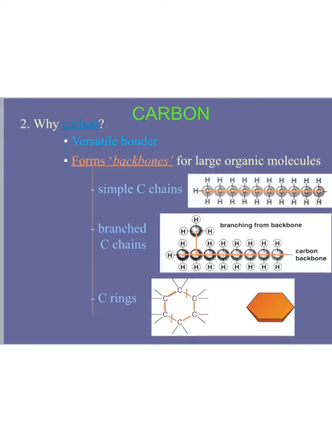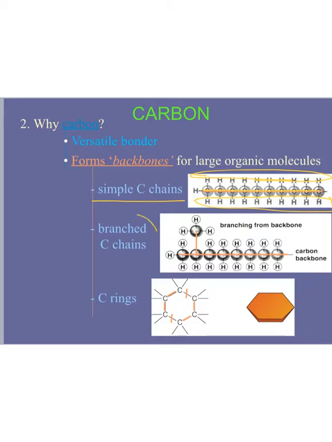Okay, the other thing that makes carbon so important is that it forms these backbone type structures for these large organic molecules. So we can have simple carbon chains where we just have a straight chain of carbon, carbon, carbon, carbon, carbon, carbon, carbon. And in this case, I've shown it to you all bound to hydrogens, but remember, these constituents can be anything, and that's what contributes to the molecular diversity.